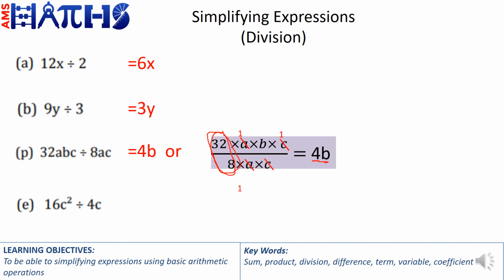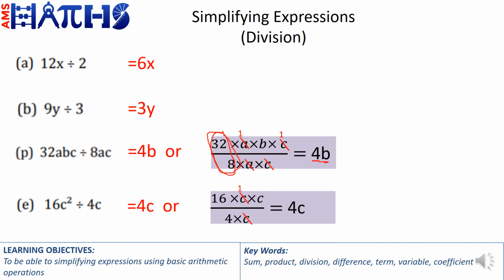In the next example, we have 16c squared divided by 4c. We divide 16 by 4 to get 4, and c squared divided by c to get c. To make it simpler to understand what takes place, we do the same as previously.